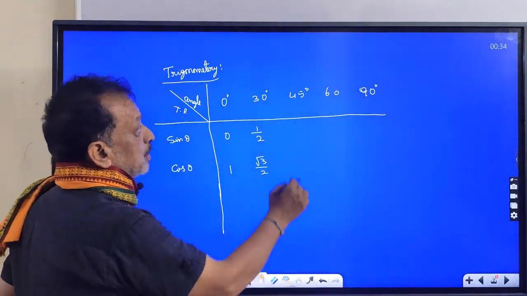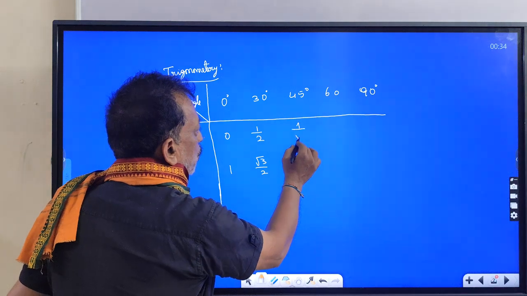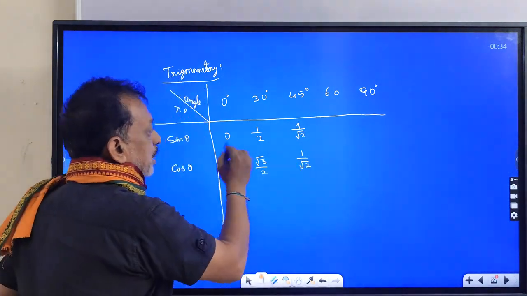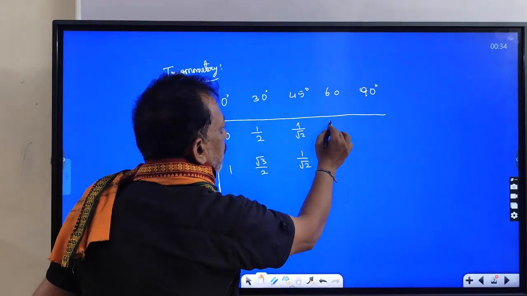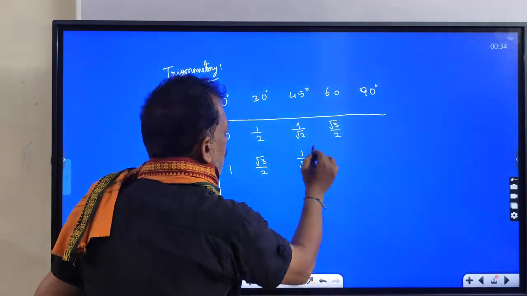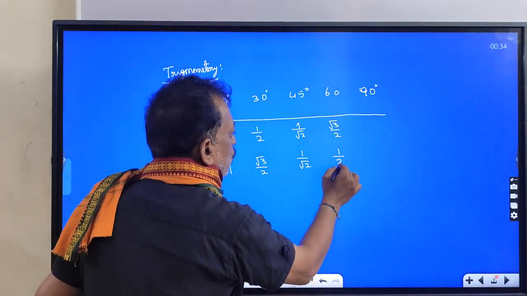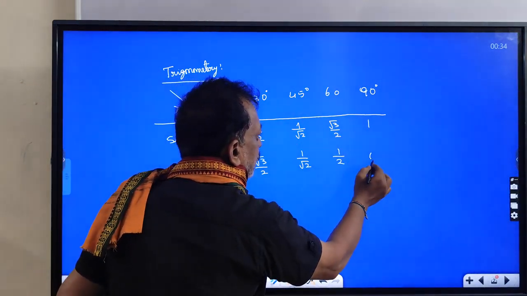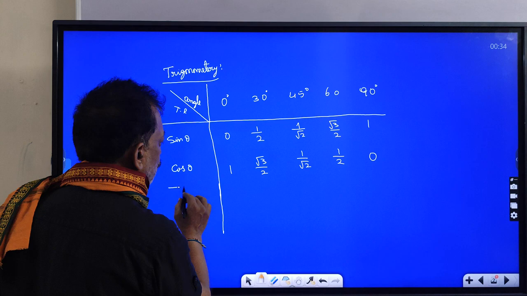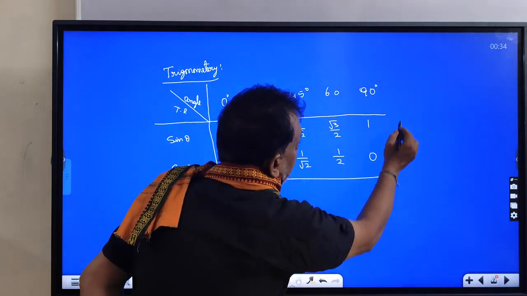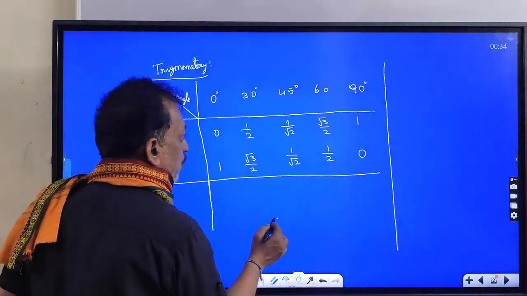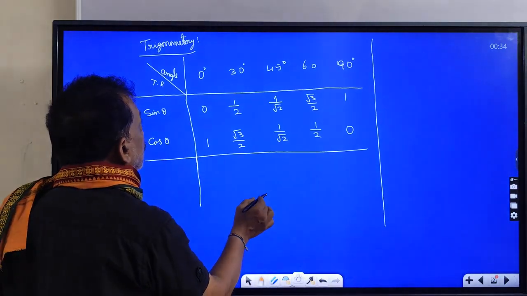Next, sin 45 is 1 by root 2, cos 45 is 1 by root 2. Sin 60 is root 3 by 2, cos 60 is 1 by 2. Observe it. Now sin 90 is 1, cos 90 is 0. Once you know these two, most of the trigonometric values are completed easily. How we are going to complete them, I will tell you.